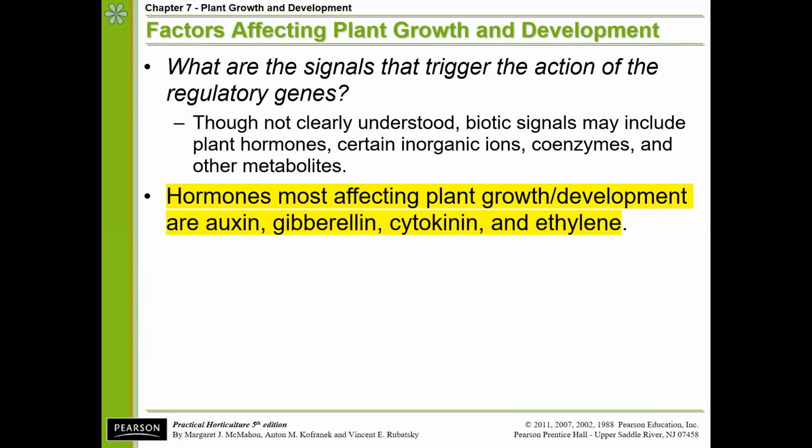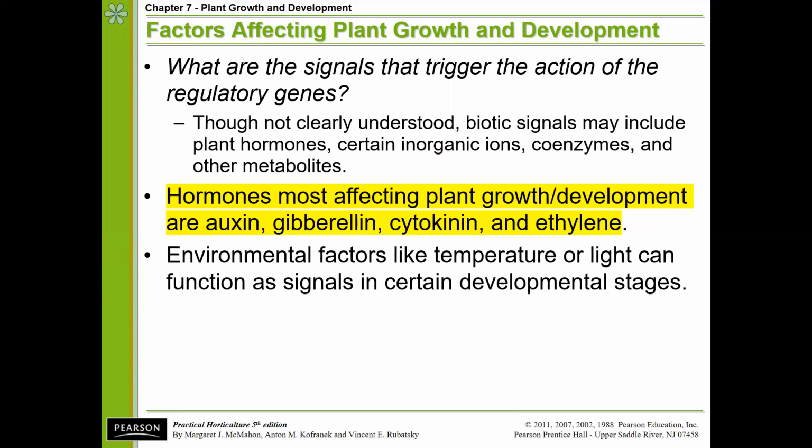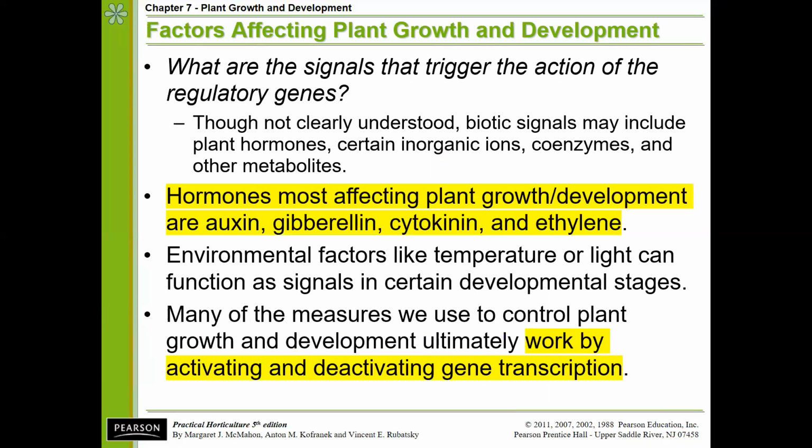So each of these hormones triggers different things, and it's the balance of hormones, same as it is in people, that actually governs the growth of the different plant parts. Of course, environmental factors can signal these different developmental stages, but what they're mostly doing is working to activate and deactivate that gene transcription, turning that DNA into what we see.